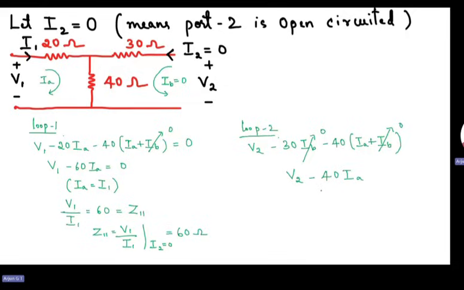As IA is equal to I1, V2 by I1 is equal to 40, considering I2 equal to 0. This parameter is Z21, and the unit is 40 ohm.